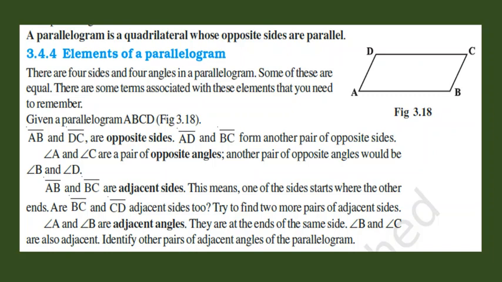When we name opposite sides, we use two letters: AB and CD, BC and AD. That is the way I name opposite sides. So remember this, it is true for everything, not just for a quadrilateral. Quadrilateral is same as parallelogram.